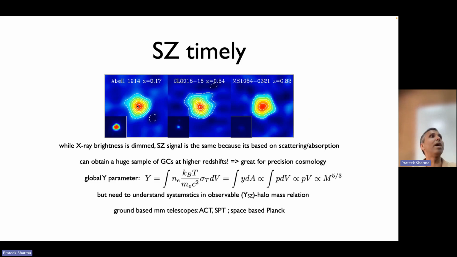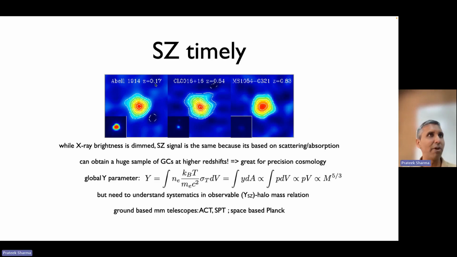Then you know where to point your X-ray telescope for a very long time in order to find the galaxy cluster. You cannot just search blind with very long exposure times in X-ray. But once you know where this probable cluster is at high redshifts, you can look at it for a long time. So here are 1, 2, 3 galaxy clusters.